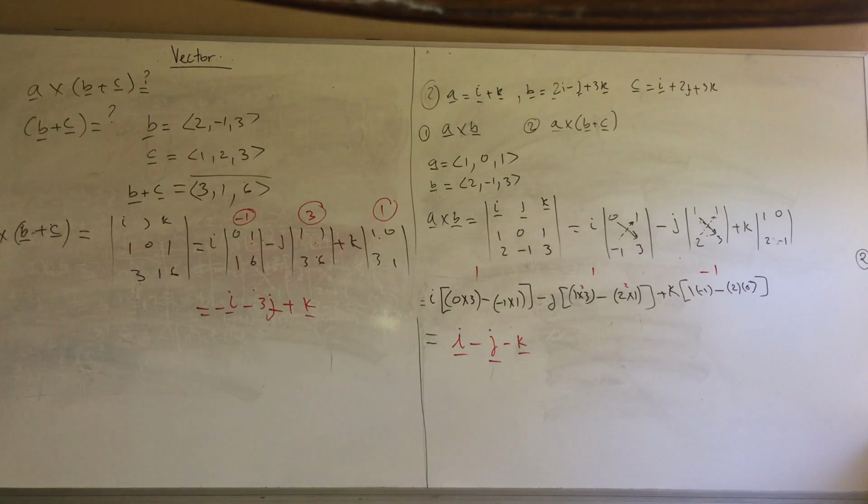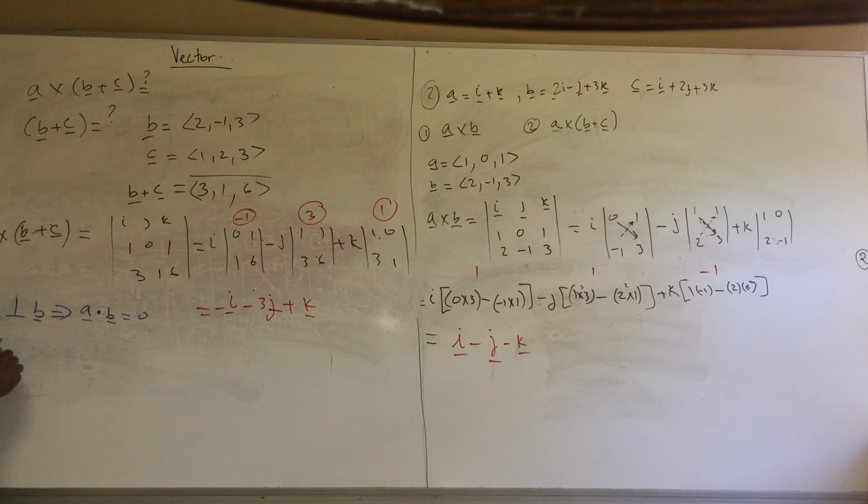Now, what do we know? Two vectors a and b are perpendicular if and only if a dot b equals 0.